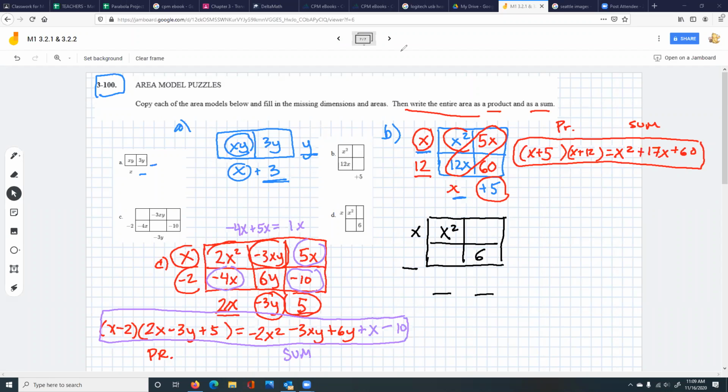Are you guys able to do this? Let's see. I know an x goes here, right? Or x times x.